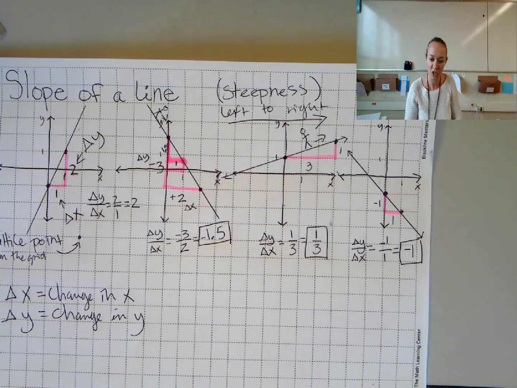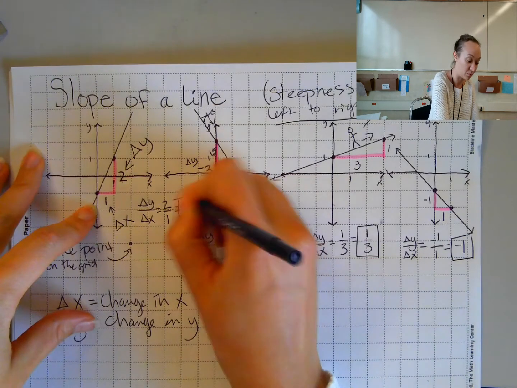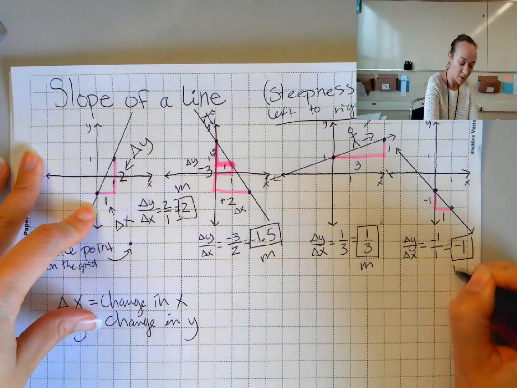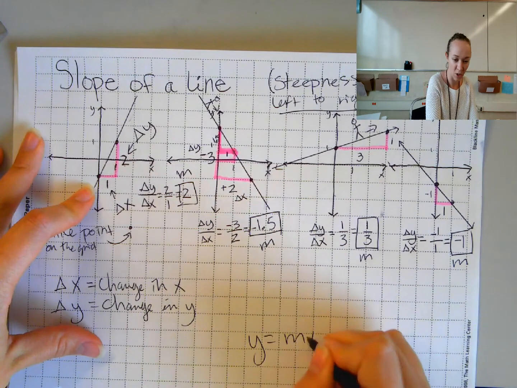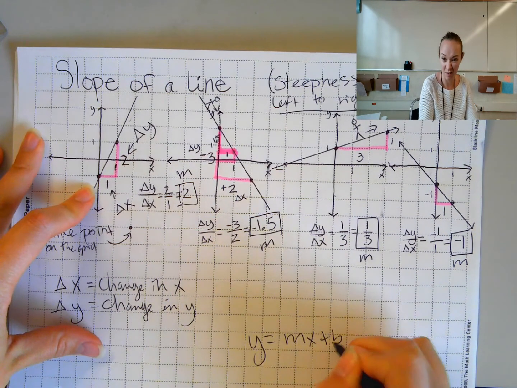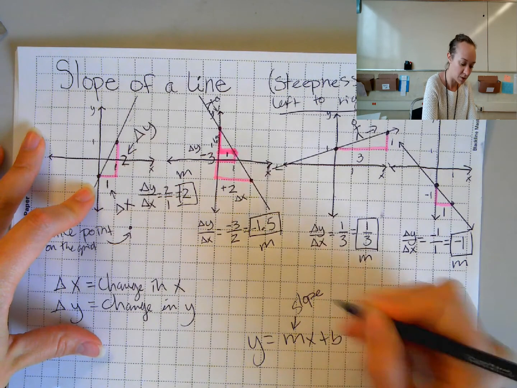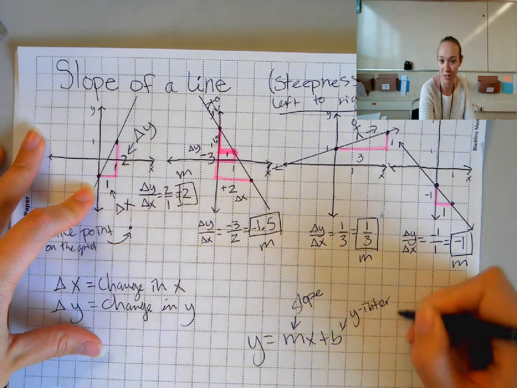So let's go ahead and finish out our equation for each of these. So for the first one, each of these is our m value, right? That's m. And so if we were to write an equation in y equals mx plus b format, hopefully you already did that video. The m is the slope, the b is the y-intercept, and on all these we made it so we could just see the y-intercept, which makes it easy.